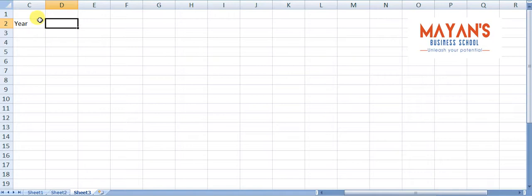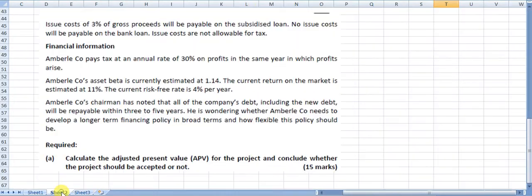Here, years 0, 1, 2, 3, 4. They have given you post-tax operating cash flow, right? Let me say operating cash flow, OPCF. Operating cash flow is given post-tax. How much was that?